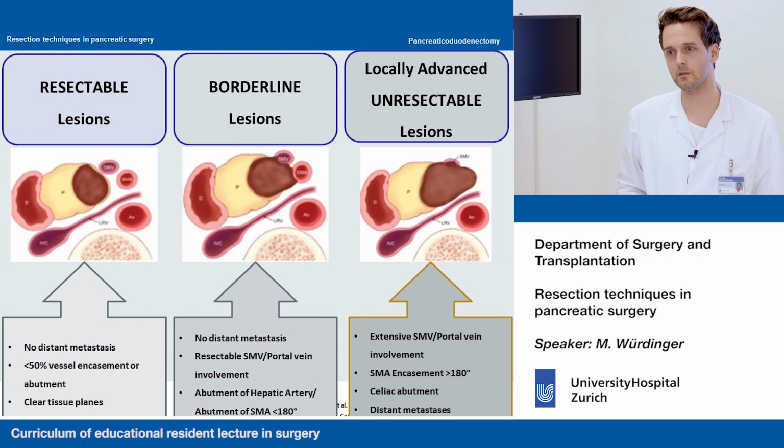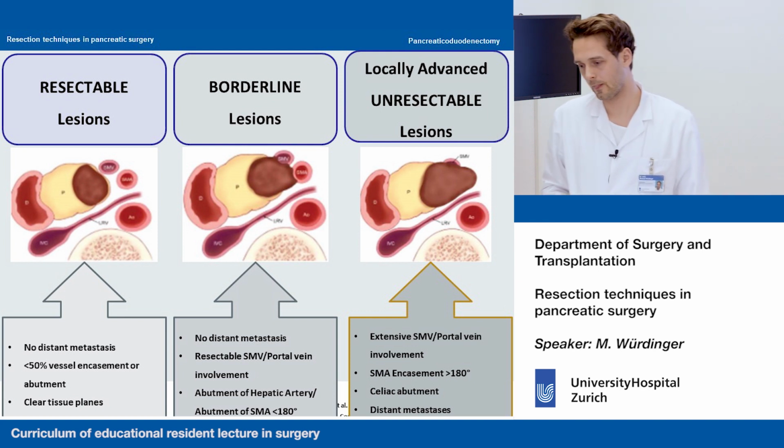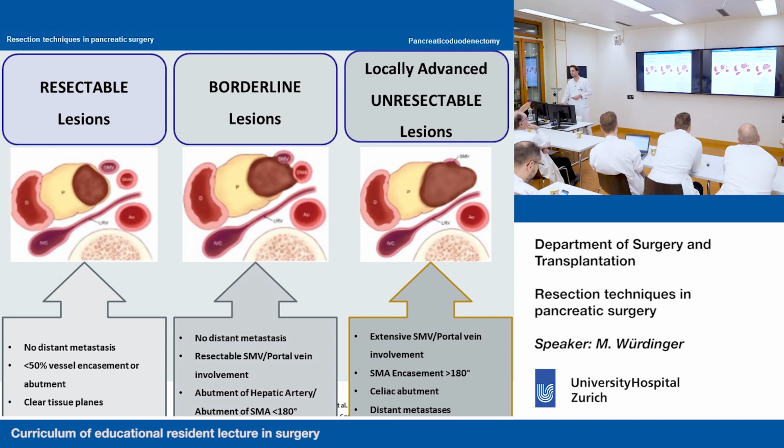Perhaps one comment. This classification is based on anatomic structures, and important for the residents, for the young ones, it's based on vascular structures: portal vein, SMA and hepatic artery. As you can see on the left side, if no vascular structure is involved, resection is possible without replacement. And then you have in between the borderline and the locally advanced.